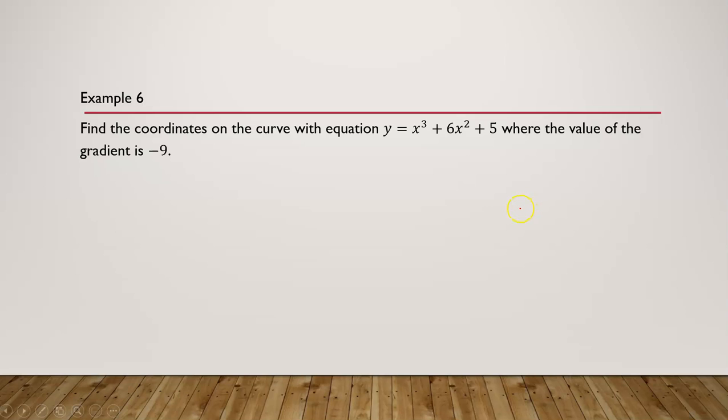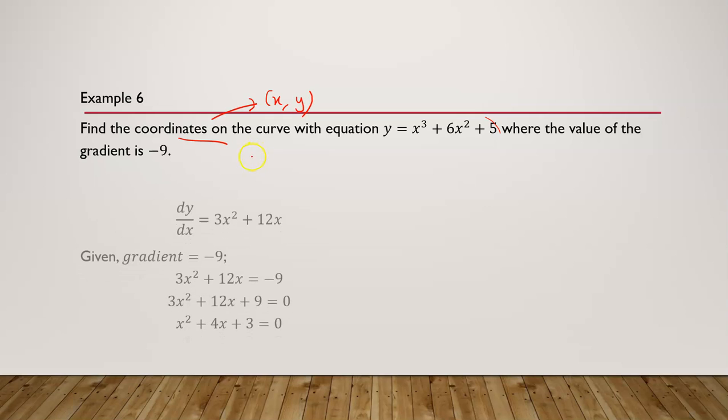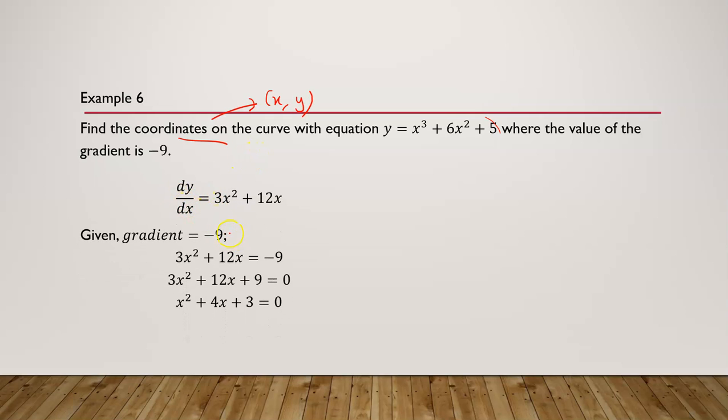Okay, next example. Find the coordinates on the curve with the equation y equals x cubed plus 6x squared plus 5 where the value of the gradient is negative 9. You want to find the coordinate (x, y) on this curve where the gradient is negative 9. So basically you know that dy over dx equals negative 9. This is the gradient given.